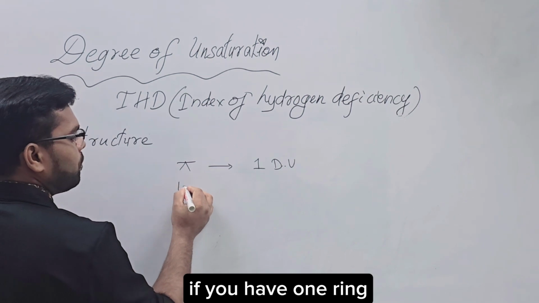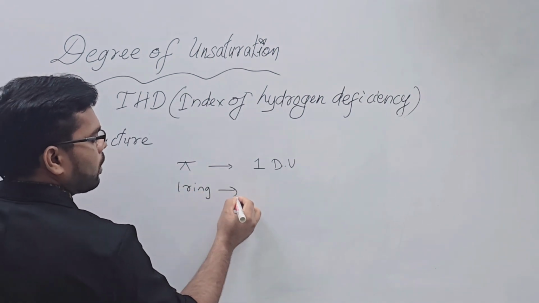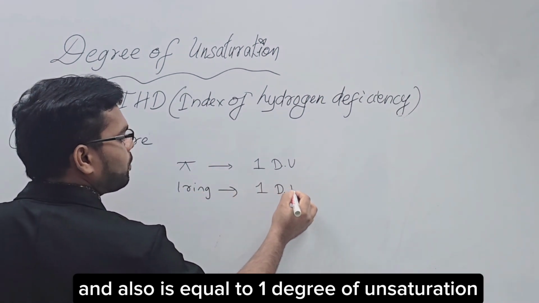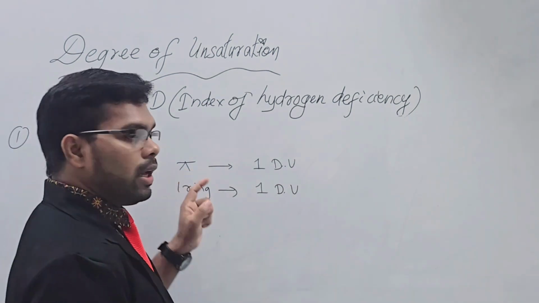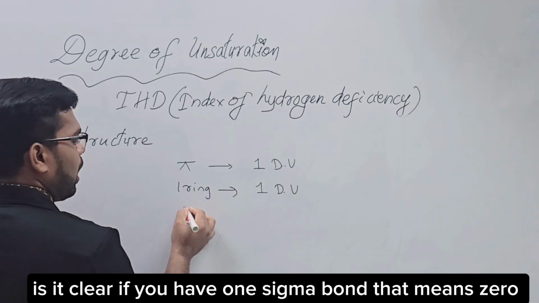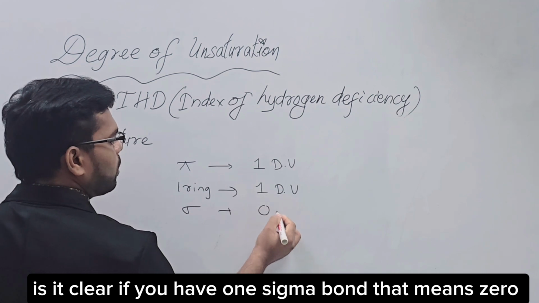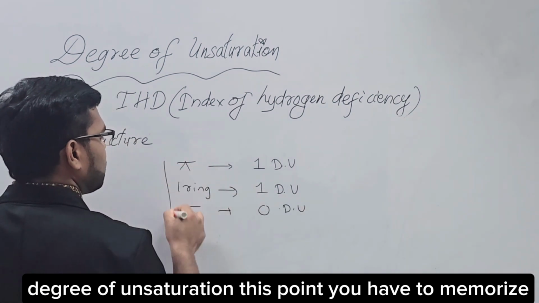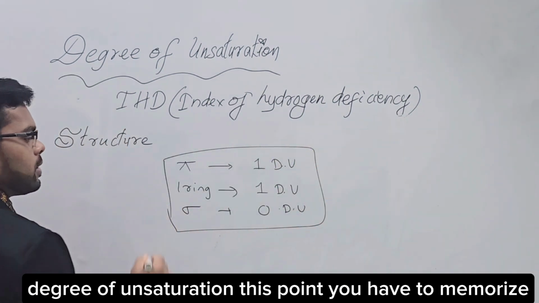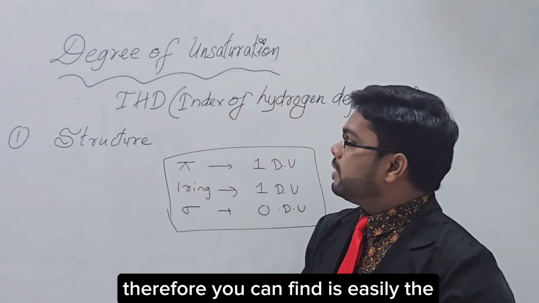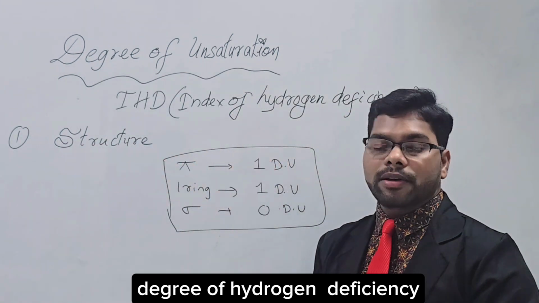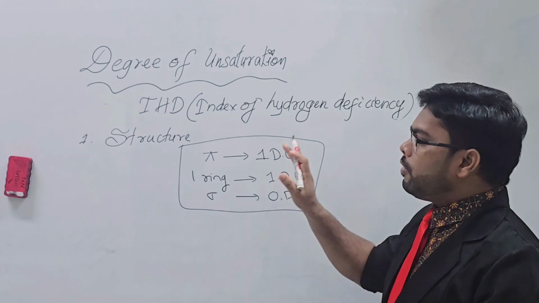If you have 1 ring, that is also equal to 1 degree of unsaturation. DU means degree of unsaturation. Is it clear? If you have 1 sigma bond, that means 0 degree of unsaturation. These points you have to memorize. Therefore, you can easily find the IHD, index of hydrogen deficiency.